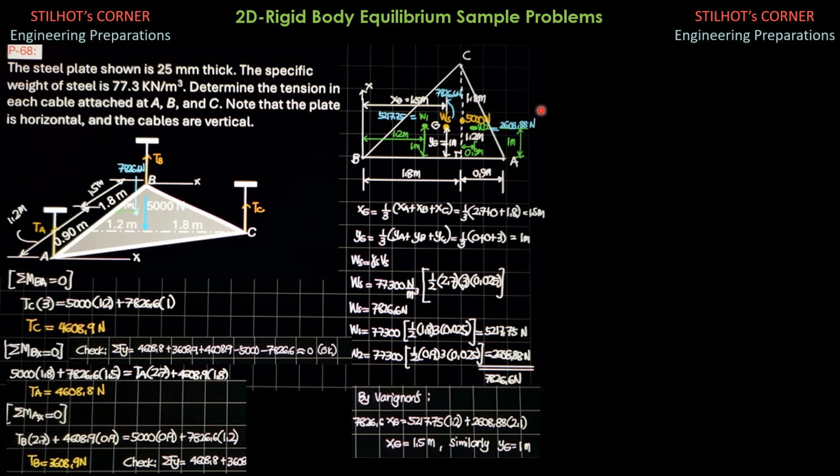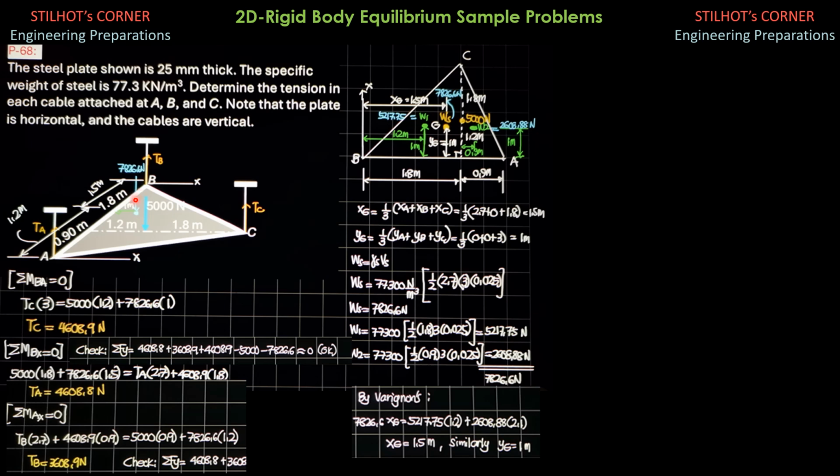You may divide the quadrilateral into two triangles so that you can locate the centroid of each triangle. Or any polygon, you can define triangles for any polygon. Then this formula is applicable for each triangle.